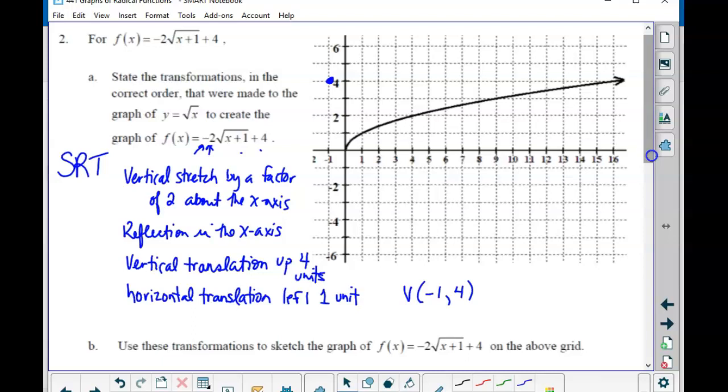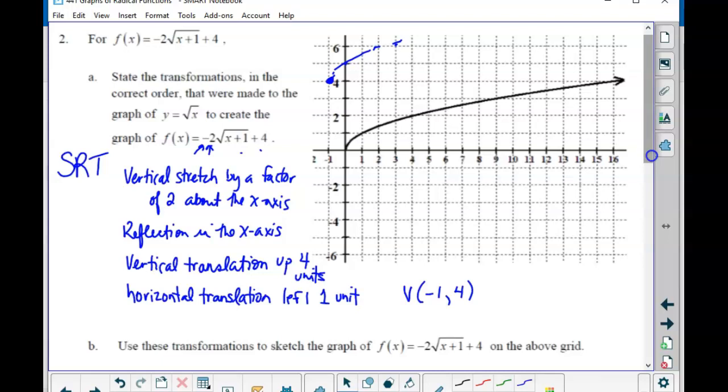Now, if it was just that, then our graph would look something like that, right? Going through there. But we have to have stretched it. Technically, we have to do that first, but from this vertex, we just have to draw a stretched graph.